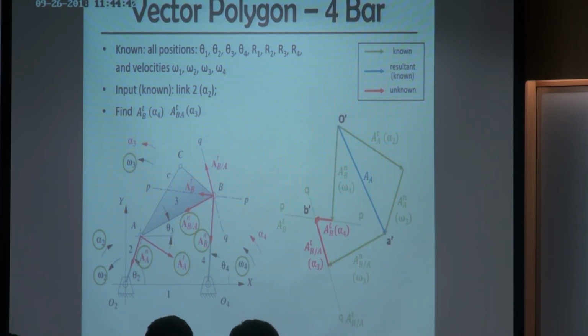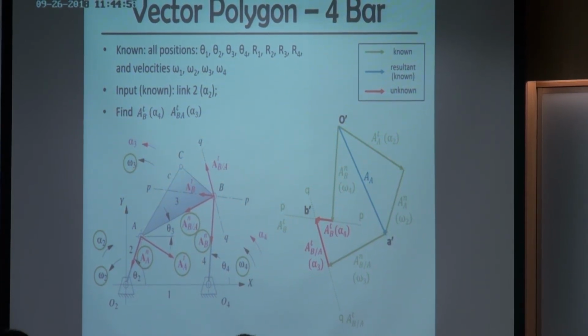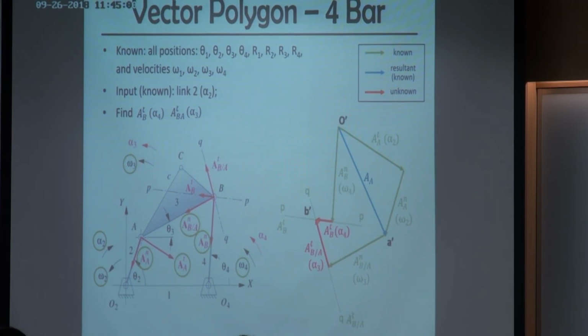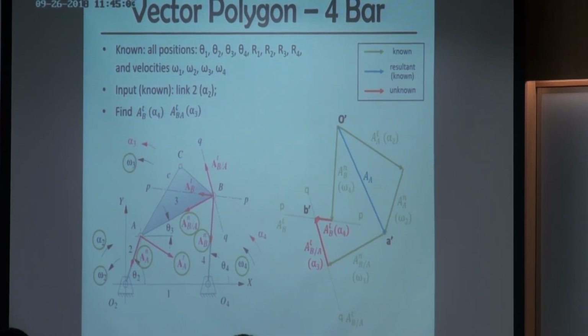You measure the magnitude of ABT and also measure the length of O4B, and you just divide this one by this one, you can get alpha. Any questions? No?